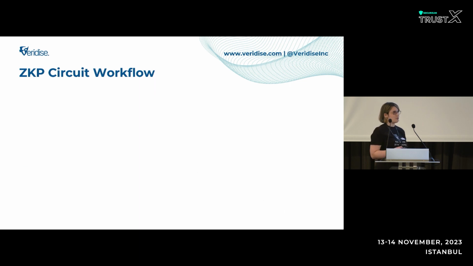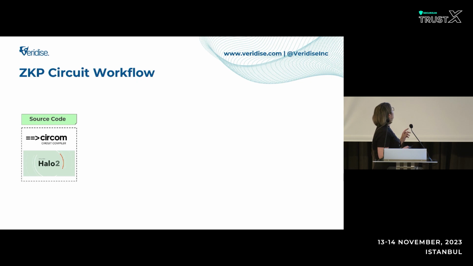All right, so before diving deep into the internals of this tool, I would like to talk about the workflow of a zero-knowledge proof circuit. And for this example, we chose to talk about Circom. In general, the workflow looks like this.